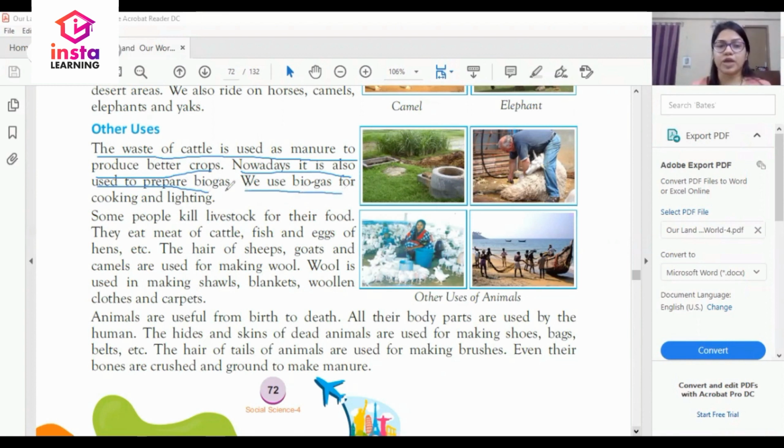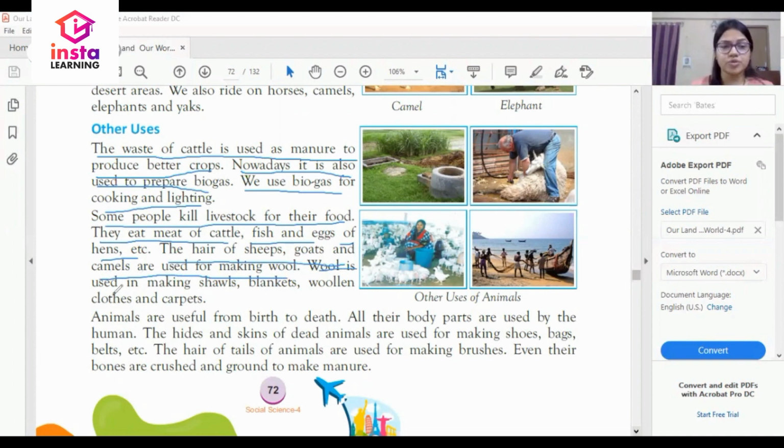We use biogas for cooking and lighting. Some people kill livestock for their food. They eat meat of cattle, fish, and eggs of hens. The hair of sheep, goats, and camels is used for making wool.